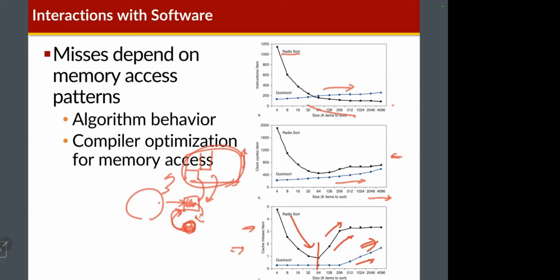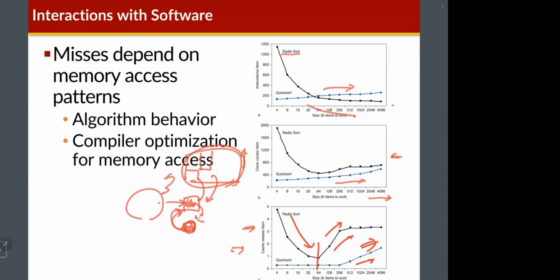What we can learn is that based on the data size and the algorithm used in a certain application, the performance of the cache can change, can vary, right?